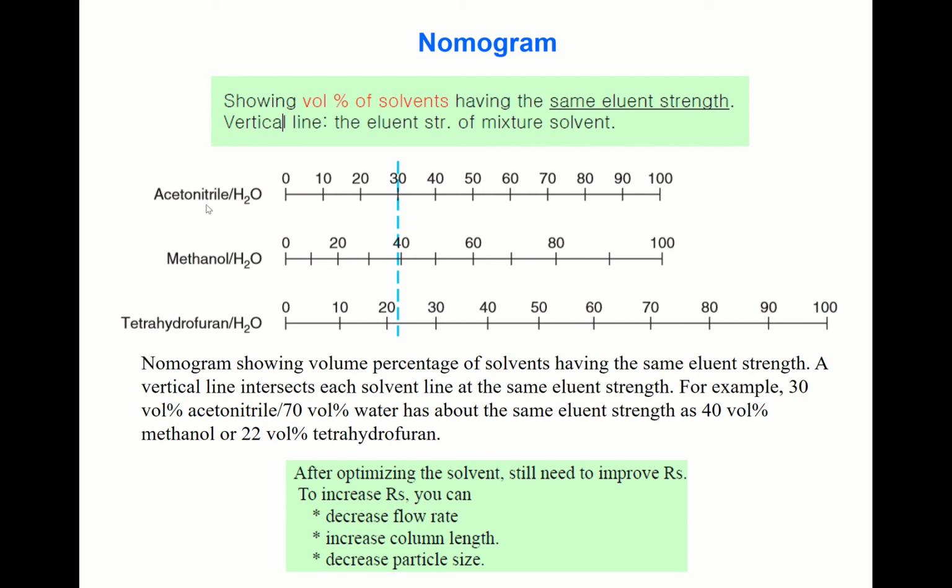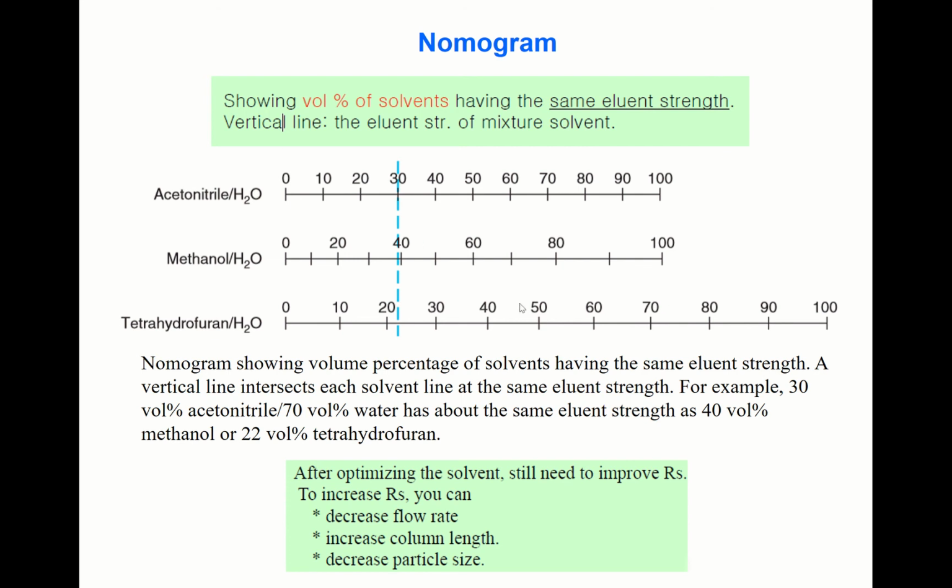For example, for the acetonitrile and water mixture, let's say you draw the line here, and 30% acetonitrile has the same eluent strength as a methanol and water mixture which is about 40% methanol. And this eluent strength is here for tetrahydrofuran and water, about 22% tetrahydrofuran. They give the same eluent strength.